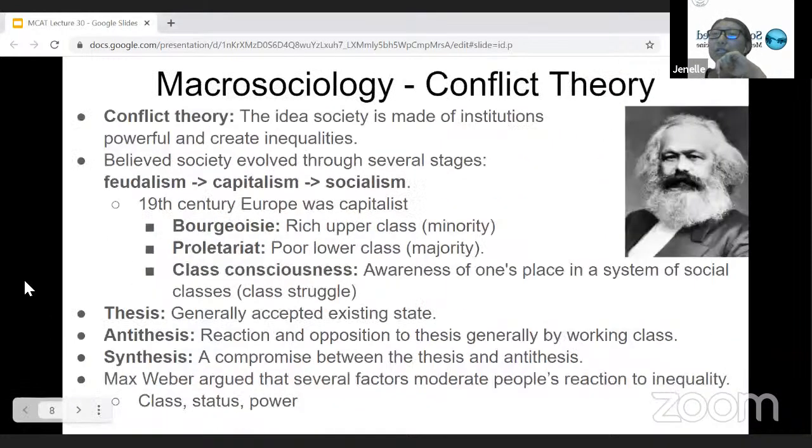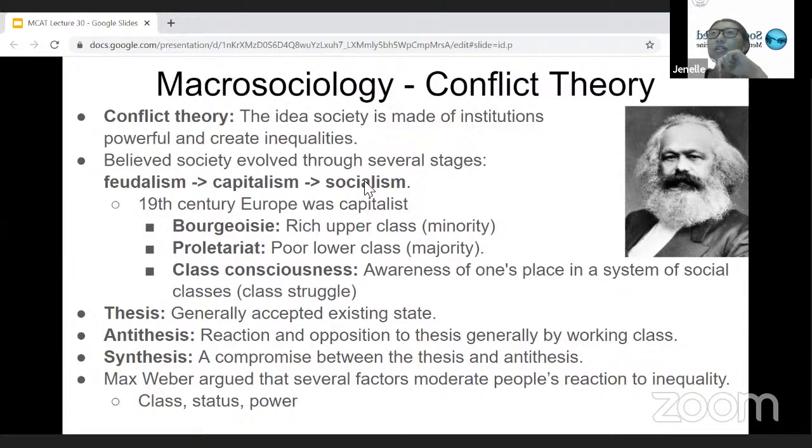So this leads us to conflict theory, which was developed by Marx, and it was the idea that society is made of institutions that are powerful, which creates inequalities. And he believed society evolves from feudalism to capitalism and finally to socialism.